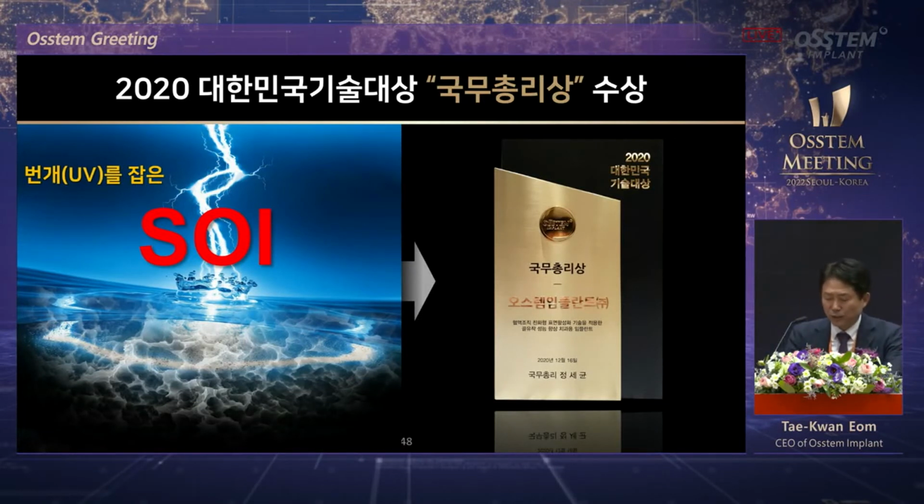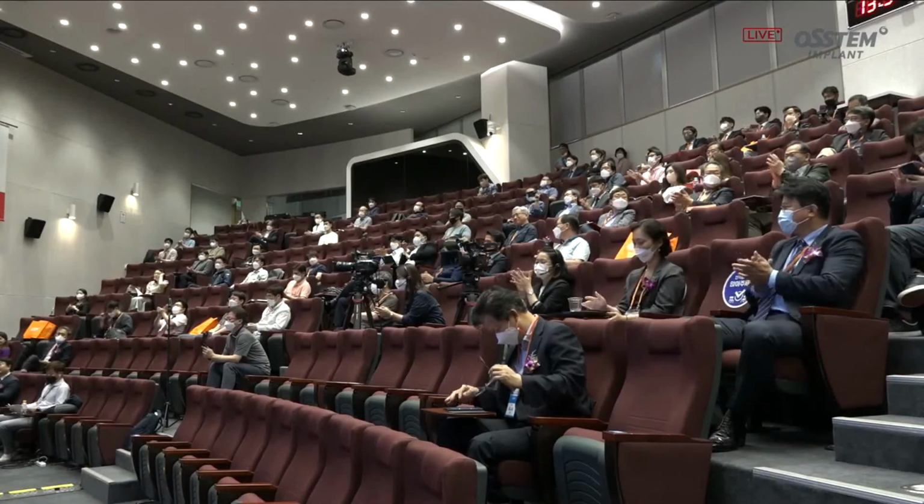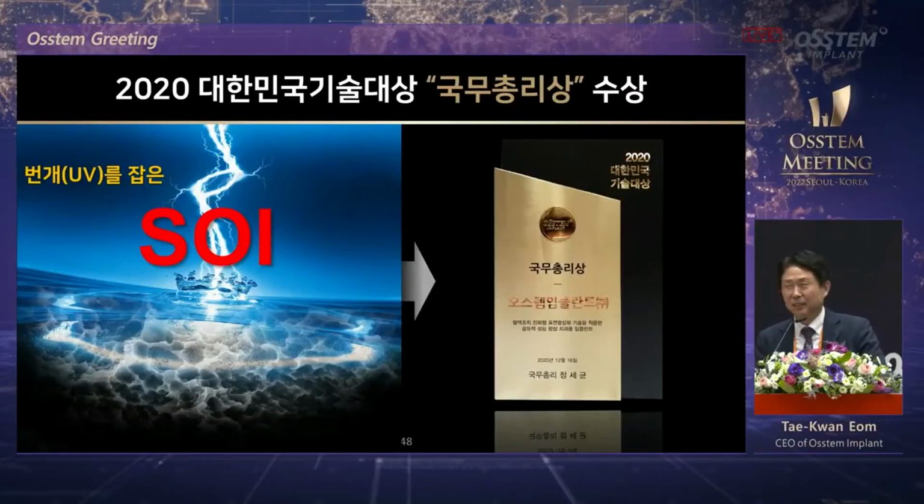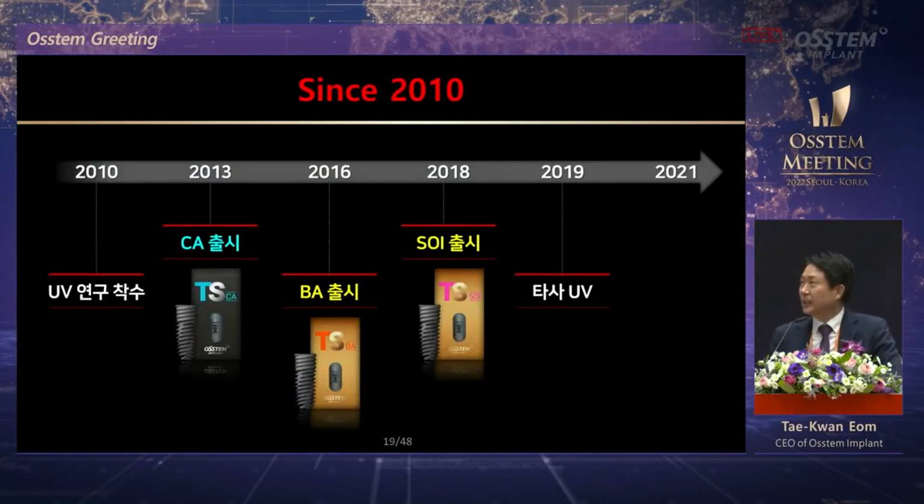At the time, Samsung received the President's Award, and LG, Hyundai Automobile, and Osstem received the Prime Minister's Award. Would you give us a big round of applause? Do you feel the prestige of the award? So we won the Prime Minister's Award with soy.